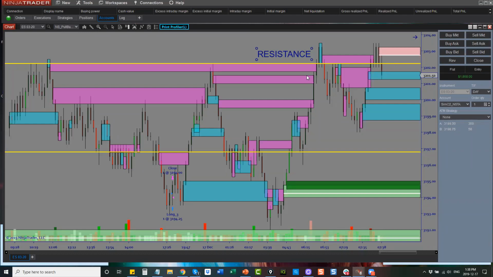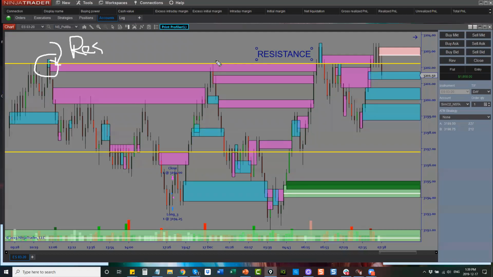If we're taking data from the tape, time and sales, it's a timestamp based off executed order flow, and we know that executed order flow near resistance created that supply zone. We got all the way up here. What happened? Then we got all the way up here, and look what happened. This little blue zone is a false breakout. A lot of buyers got trapped out there because it was met by aggressive sellers right away.